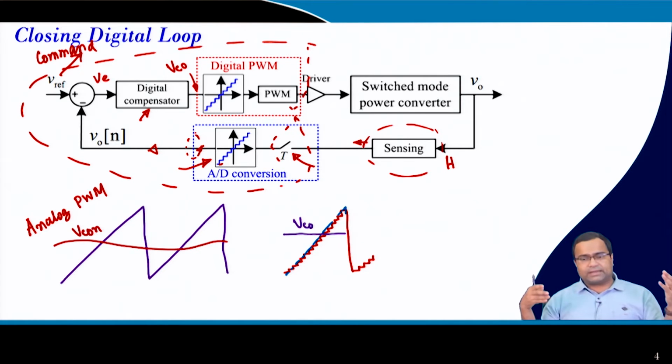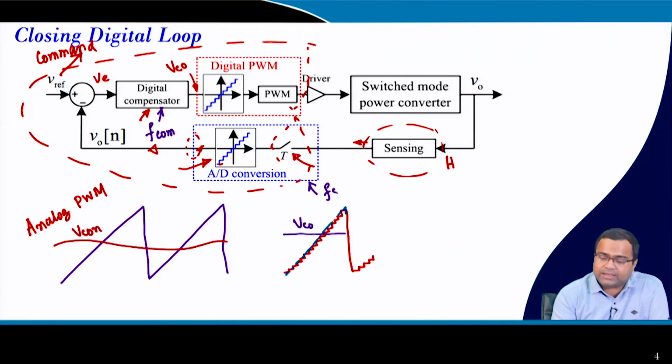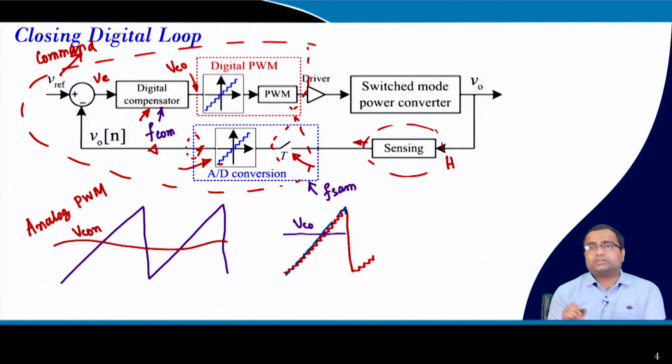That means the sampling data gets updated, and that updated data will be added, and the control will also be updated. So, we need to remember that the clock used, if you say the clock, that means your computational clock, and the sampling clock, these two should be matched, they should be synchronized.